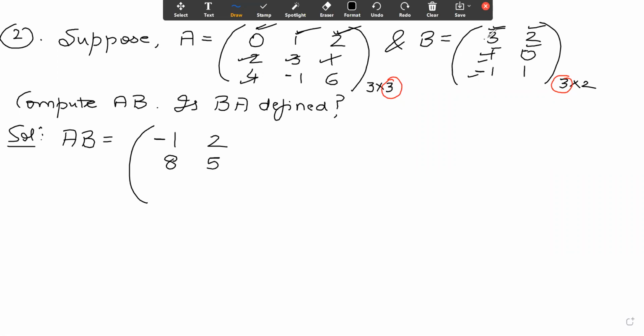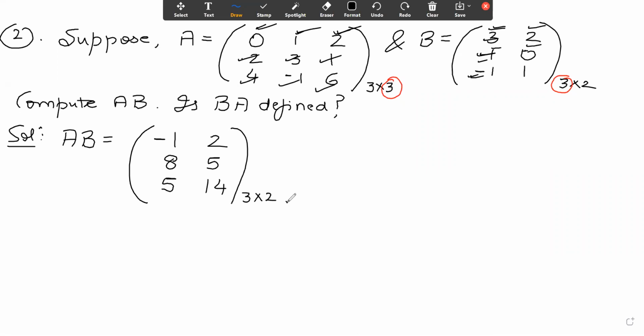And 4 into 3 plus -1 into 1 plus 6 into -1 comes out as 5. And similarly, 4, -1, 6, you multiply by 2, 0, 1 and add them up, you get 14. So this is my product AB, which is clearly a 3 cross 2 matrix.